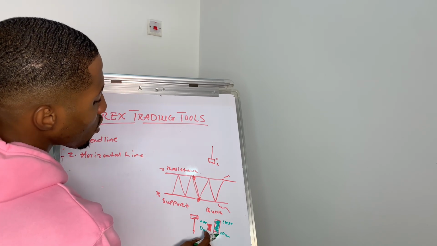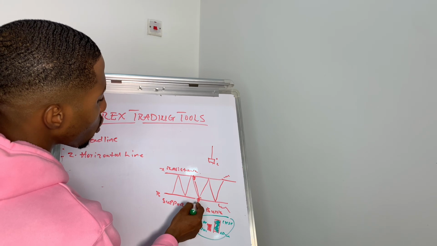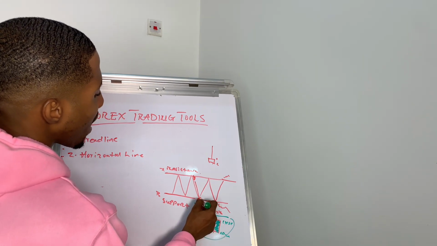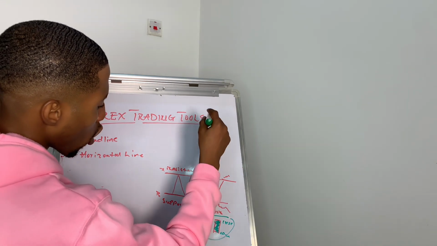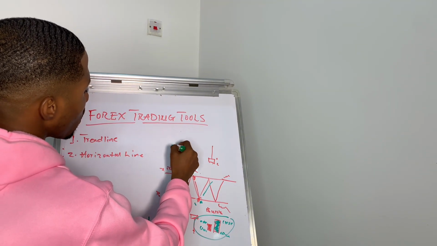So as you all can see, this market closed above this one. This is an engulfing, right? If I see it at a support level, then I know that the buyers are here to take the market upwards.